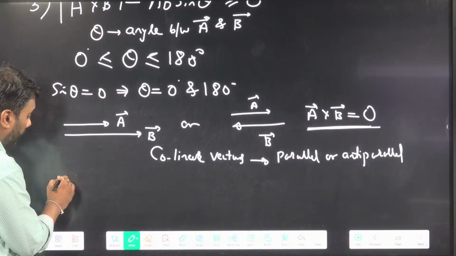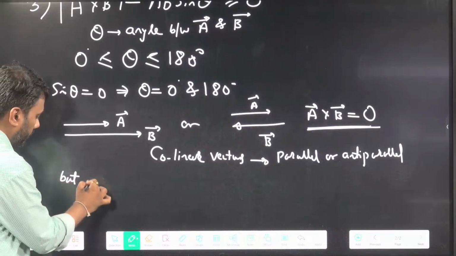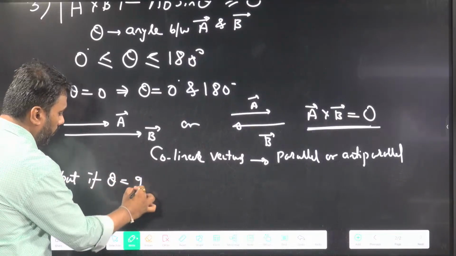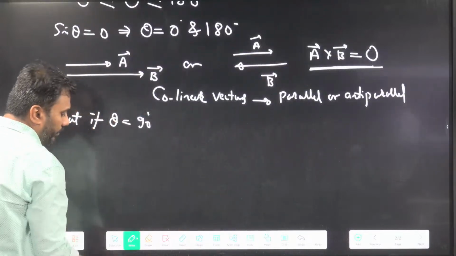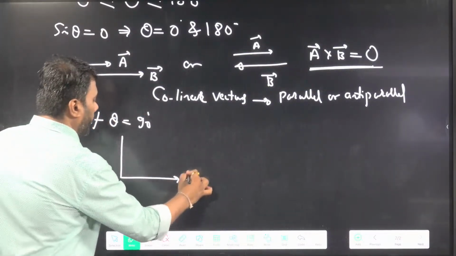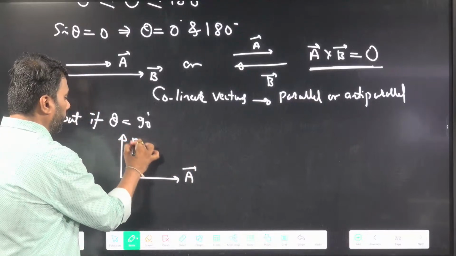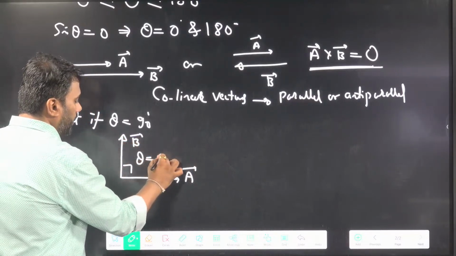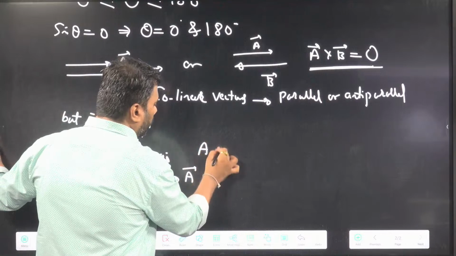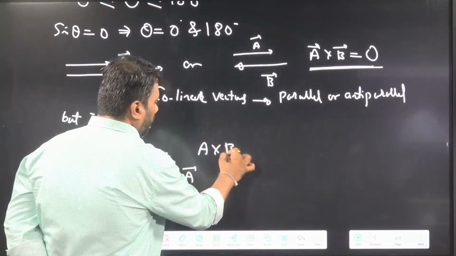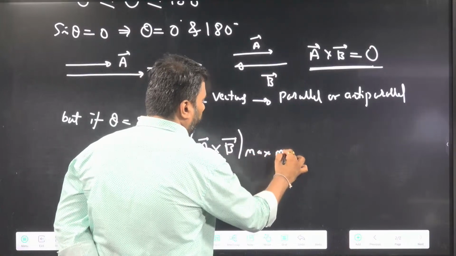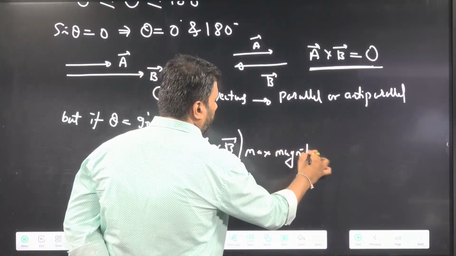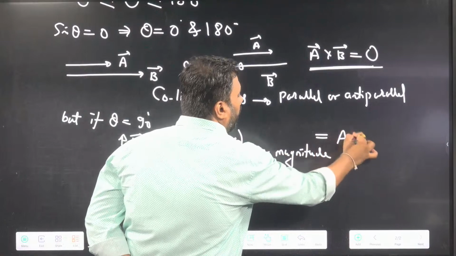But if the angle is 90, that is, A and B are perpendicular, the cross product becomes maximum. For perpendicular vectors, theta is 90, and A cross B gives maximum magnitude, which is only AB.